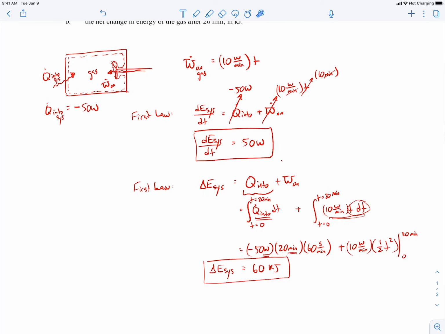The units are more important when you're doing the before and after case where you have to worry about watts and minutes. And then finding the total energy added via heat transfer and the total work done by the paddle, you just have to do an integral over time. Okay, we'll end that example there.